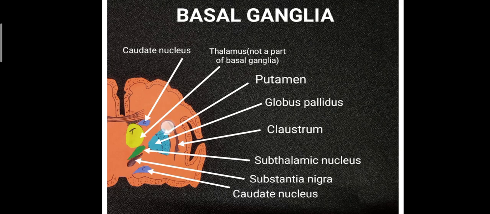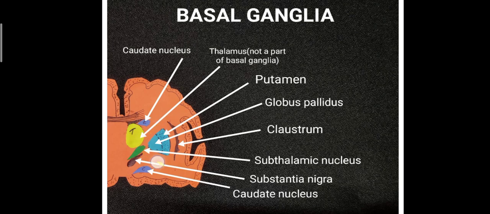Then you can see the lentiform nucleus, which is composed of putamen and globus pallidus. Lateral to the lentiform nucleus, you can see a small grey matter line that represents the claustrum, and the claustrum is separated from the lentiform nucleus by the external capsule.